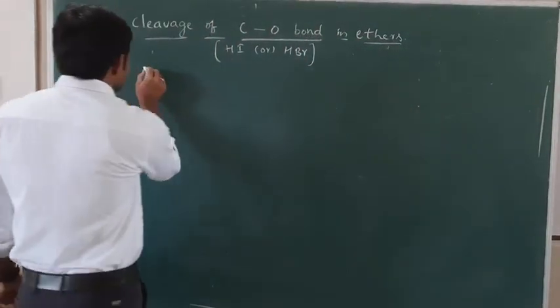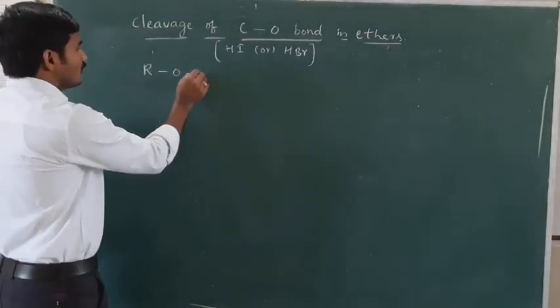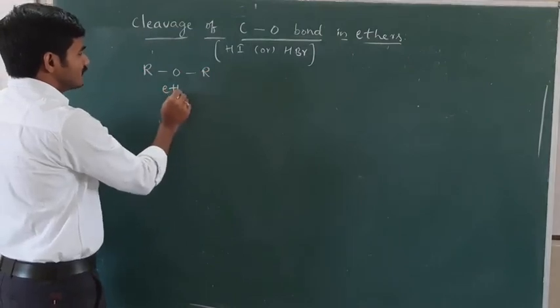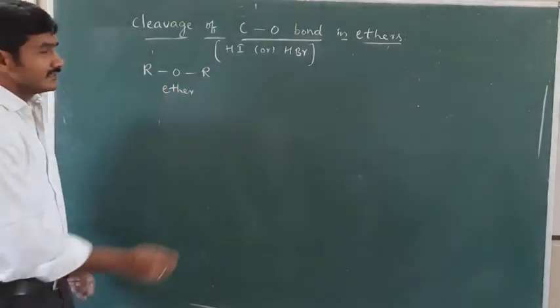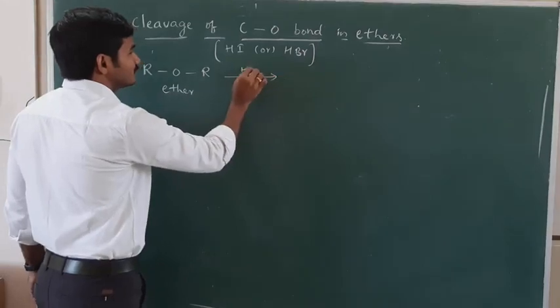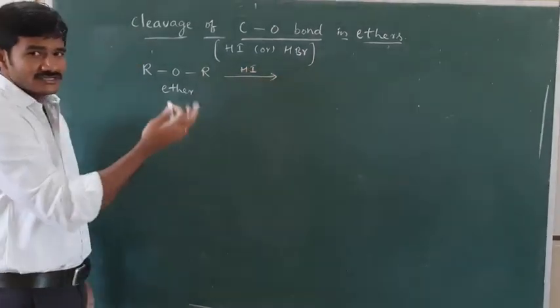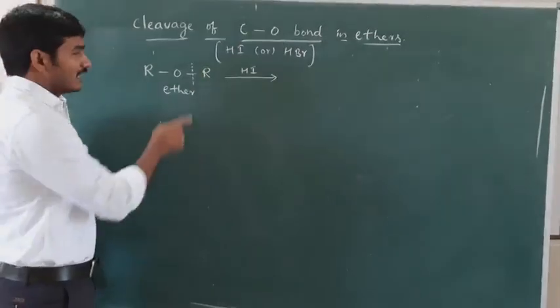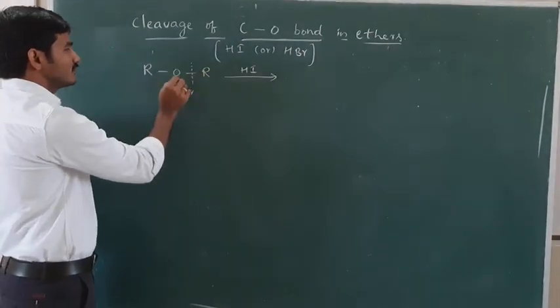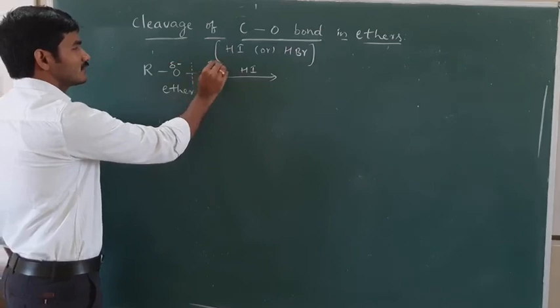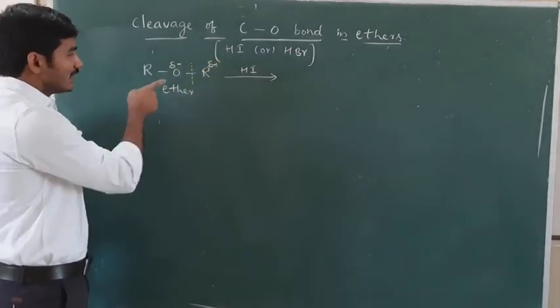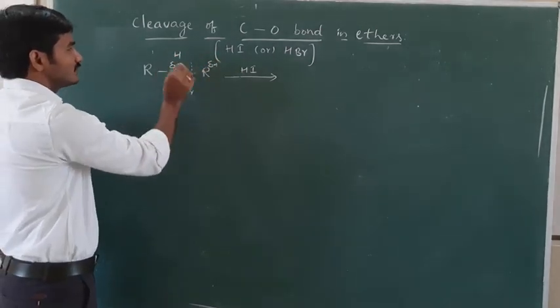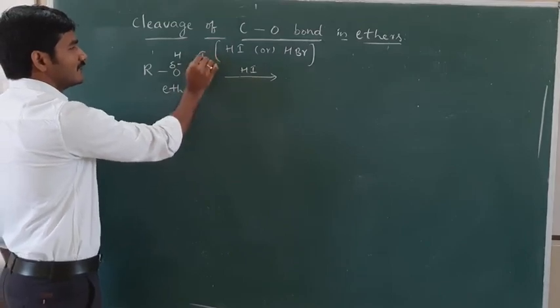I write the general reaction: ROR, this is ether. If I add HI, you can take either HI or HBr, this bond can be broken. After breaking this bond, oxygen becomes electronegative and this carbon becomes electropositive, due to polarity. At oxygen we add hydrogen, at the alkyl group we add iodine.